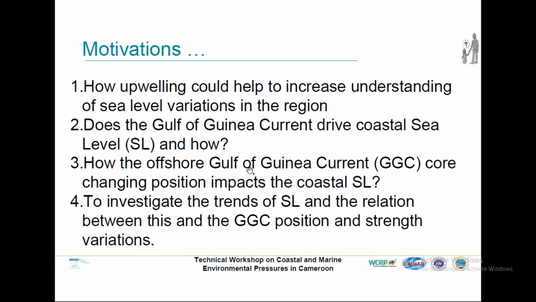The motivation of this work is to explain how upwelling could help increase the understanding of sea level variation in Cameroon. We all know that upwelling is the vertical movement of water coming from the bottom of the sea up to the surface, bringing nutrients useful to zooplankton.